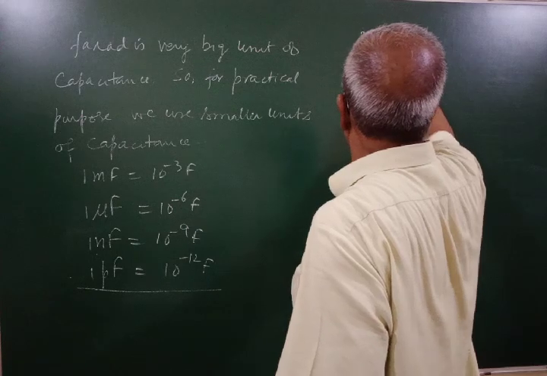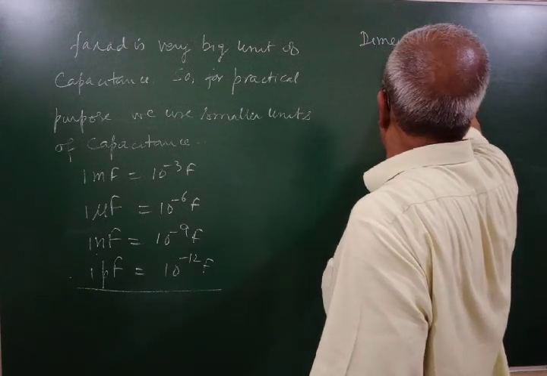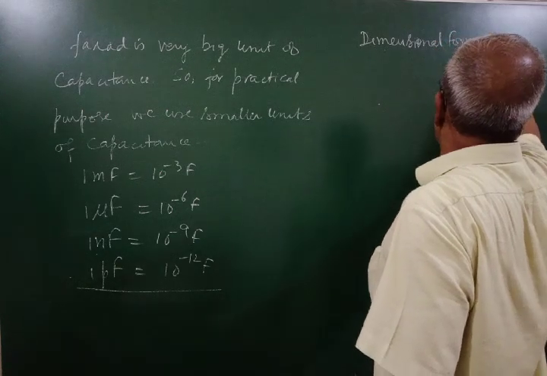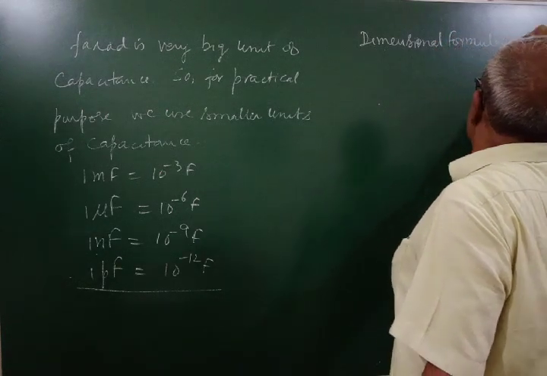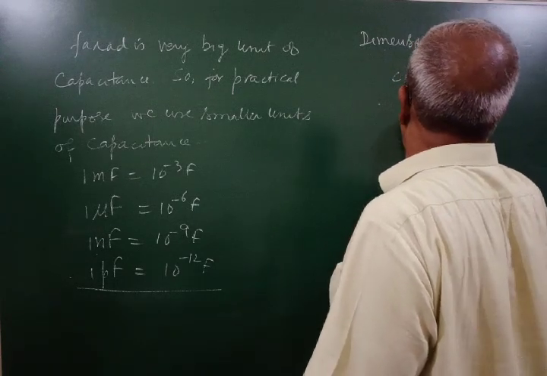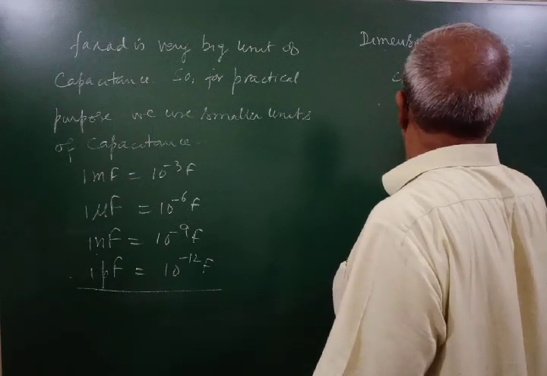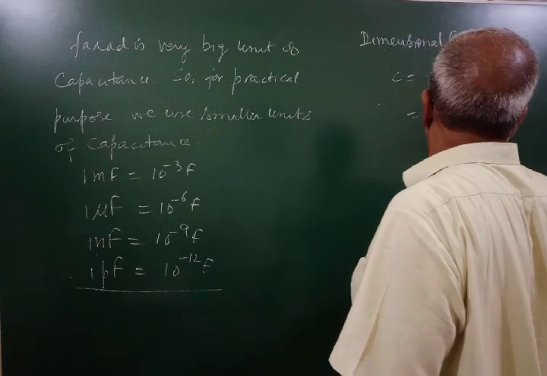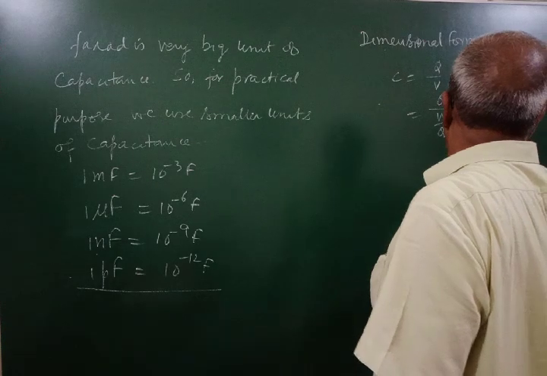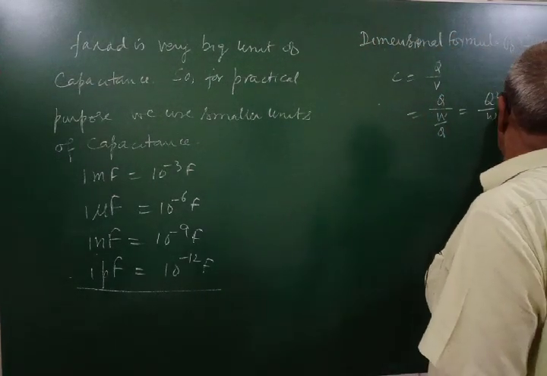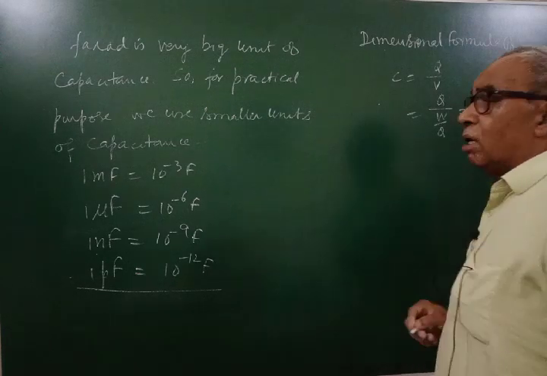Dimensional formula of C. C equals Q by V, and V is potential, which is W upon Q. So it is Q square upon W, and Q means A square T square.